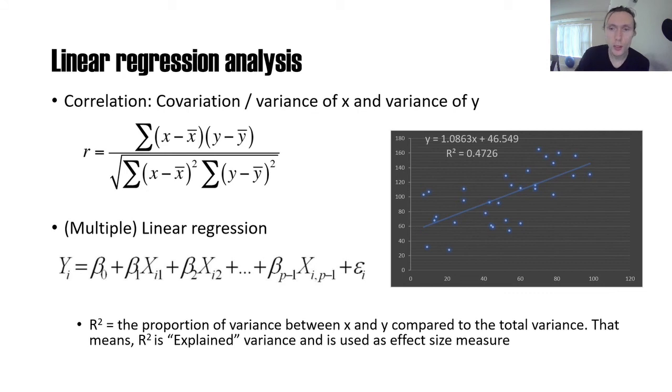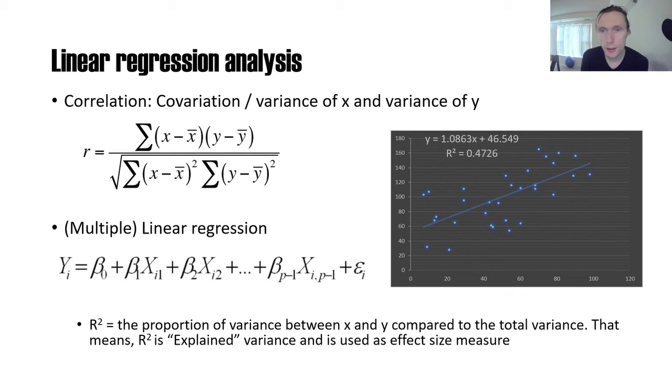Well, +1 just means that there is a positive relationship. So if I go up with x, then also y goes up, as would be the case here. But if the correlation is -1, there would be a negative relationship. So if x goes up, then y goes down. But other than that, the closer the number is to +1 or -1, the better this relationship is.